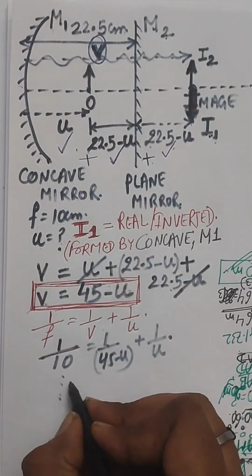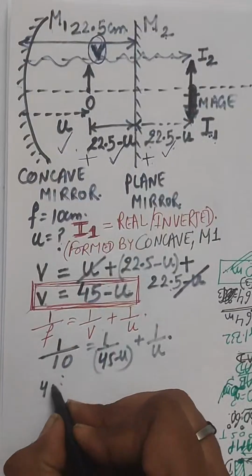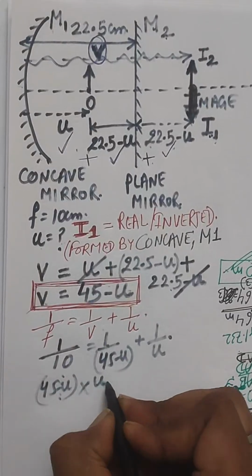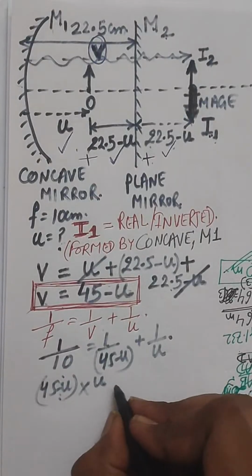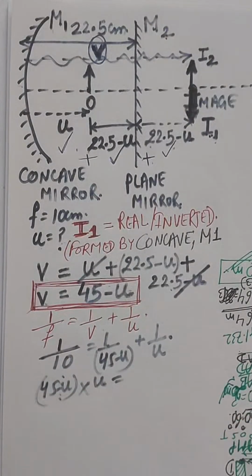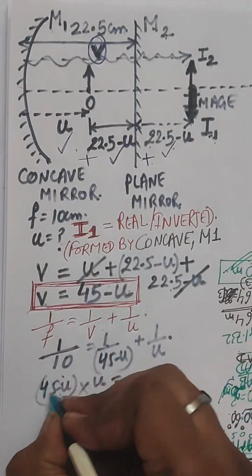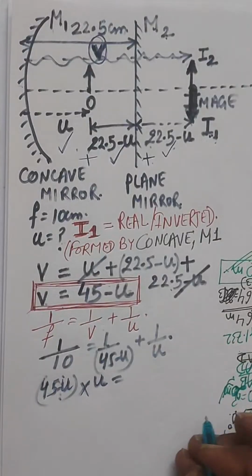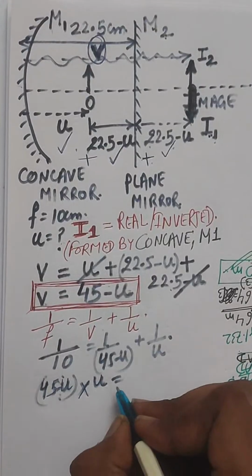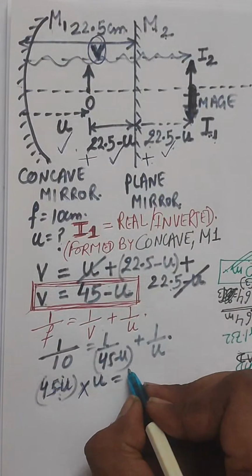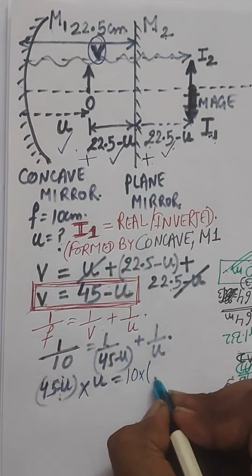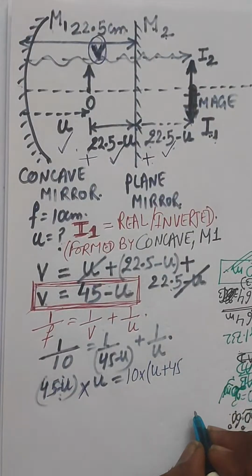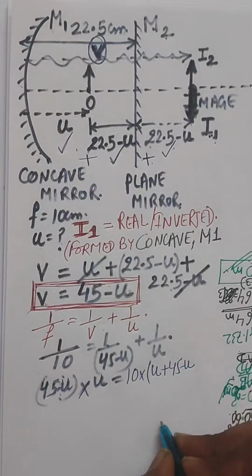During the solving, what we will do, 45 minus u into u will be going to the LHS, and into the RHS we have 10 into u plus 45 minus u.